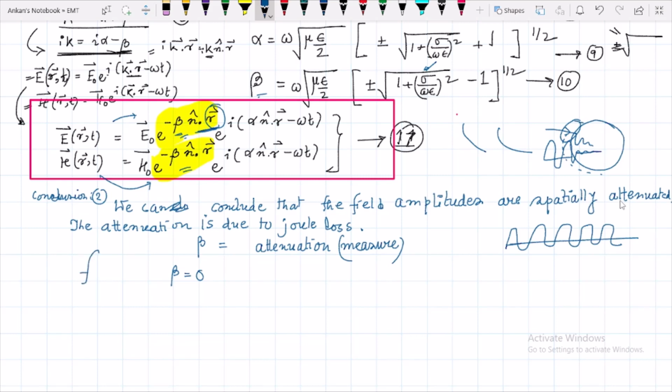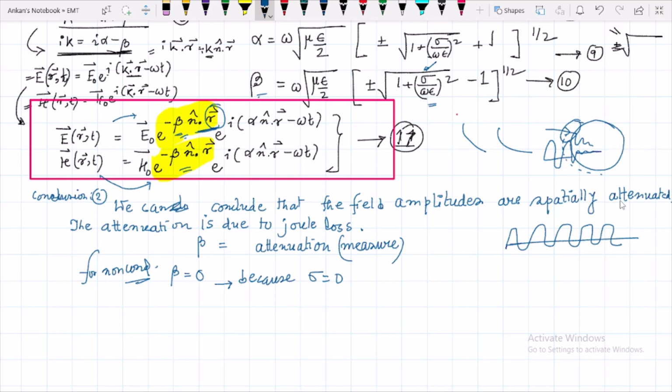For non-conducting medium, beta is 0, because sigma is 0. If you place the value of sigma as 0, then 1 minus 1 gives 0 and beta no longer appears in the term, and the equation transforms into the previous state.